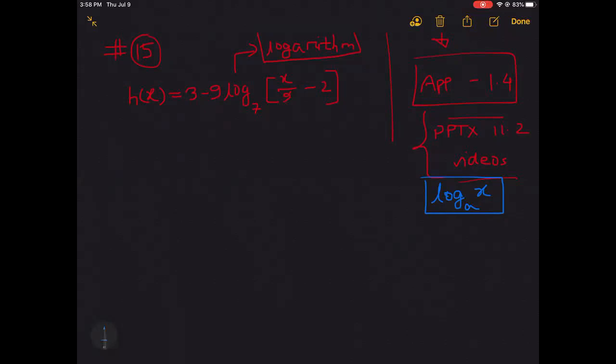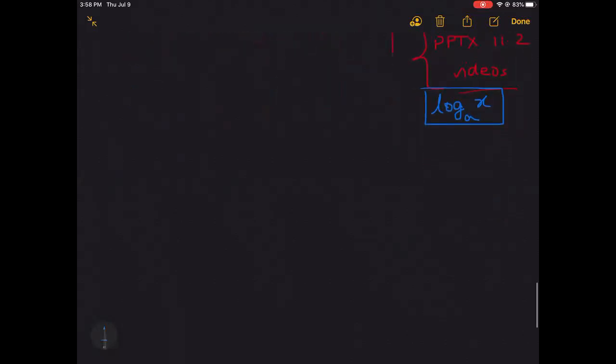If you plug in log of 0, any base, doesn't matter, what does it show as the answer? Just use the calculator. Exactly. It can't be 0 either. It has to be strictly greater than 0.